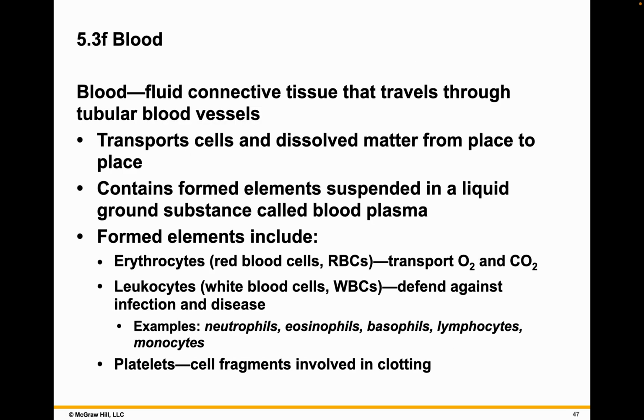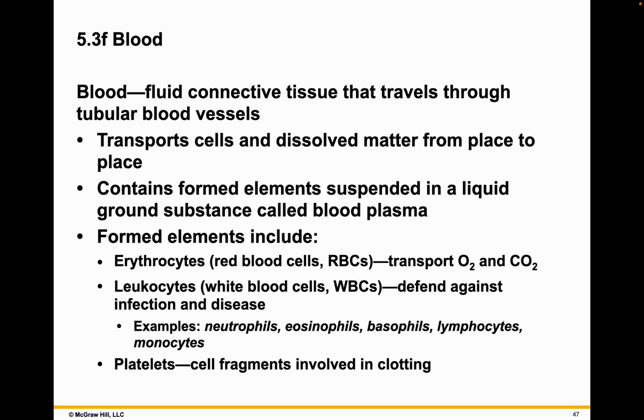Blood is a fluid connective tissue that travels through tubular blood vessels and transports cells and dissolved material from place to place. It contains formed elements, but those formed elements are suspended in a liquid ground substance that we call blood plasma.